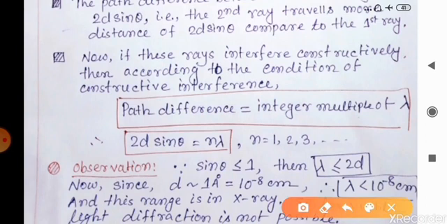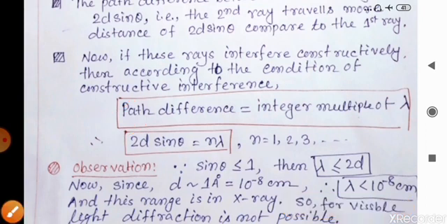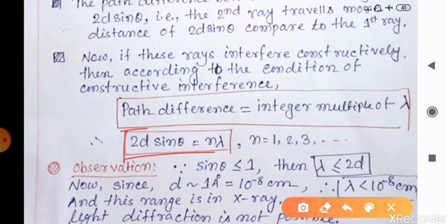So if we use this condition, we find that 2d sin theta equals n lambda, where n equals 1, 2, 3, these are integers. This is known as Bragg's law of crystallography, and this is the equation to analyze the crystal structure.